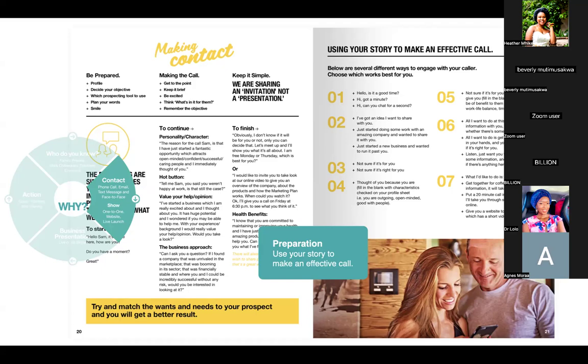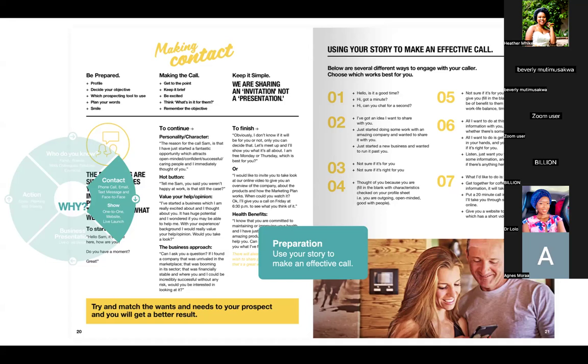You are picking a word that the person will relate to. So if it's a colleague, you can say which attracts successful people, or if you're a friend, you can say it attracts open-minded people, and I immediately thought of you.